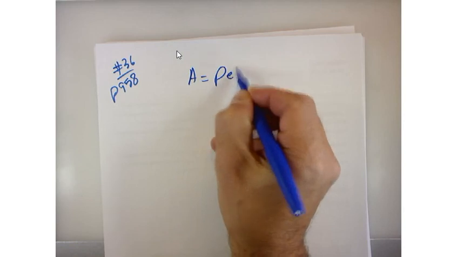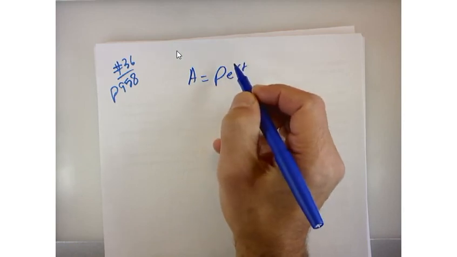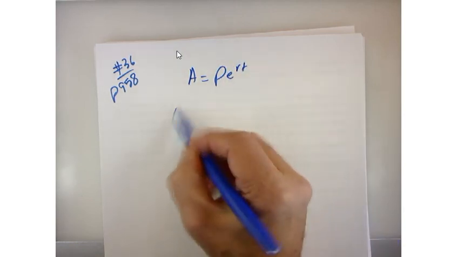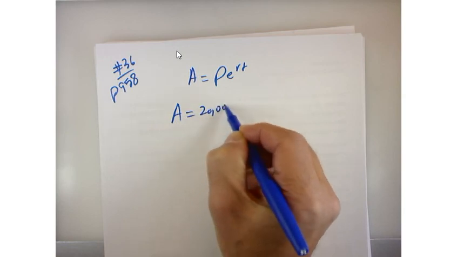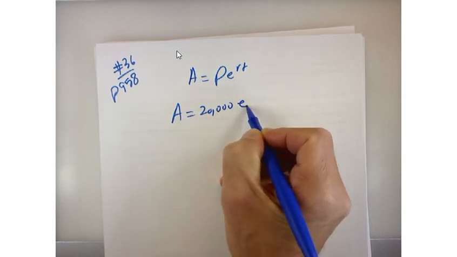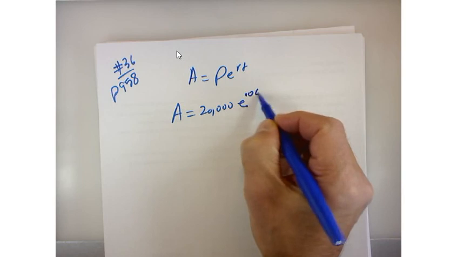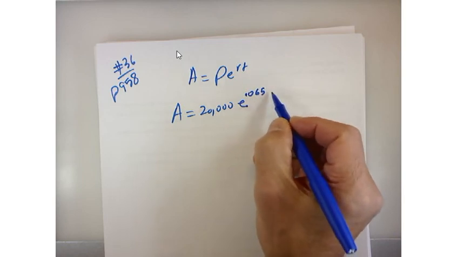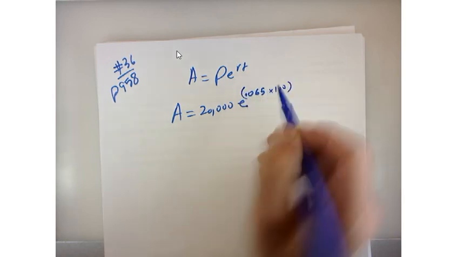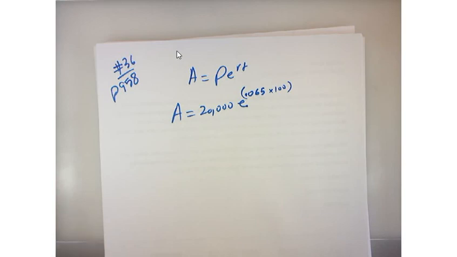So they're telling us which formula to use. Given the following values of P, P is 20 grams, we'll put that in there. R is 6.5%, so 0.065, and then T is 100. So we put that in our calculators to get the answer.